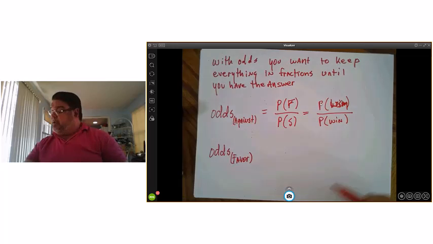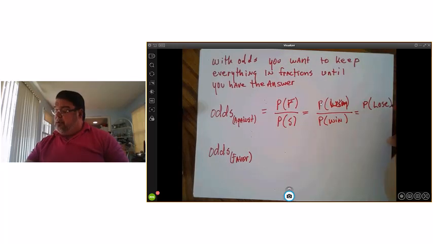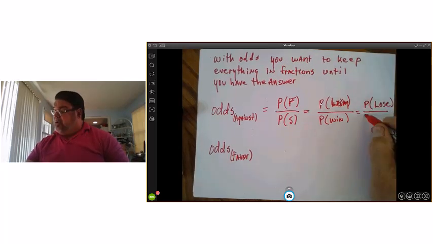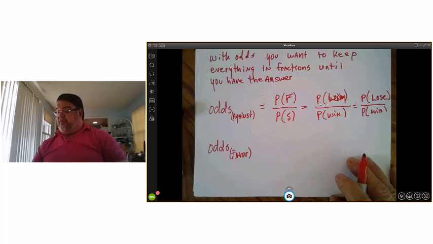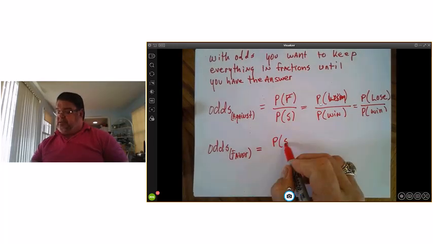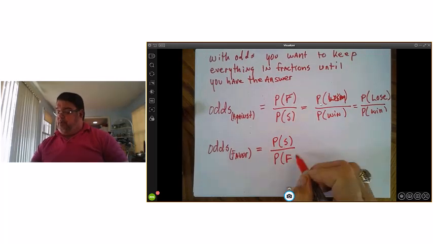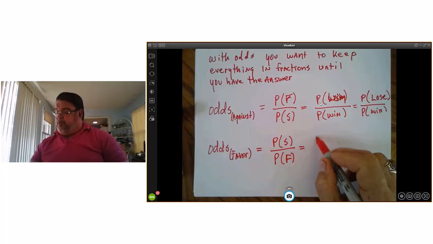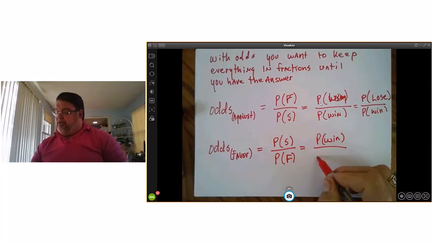Okay, let me rewrite that. Odds against is the probability of losing over the probability of winning. And odds in favor is the reciprocal: the probability of success over the probability of failure, which is the probability of winning over the probability of losing.